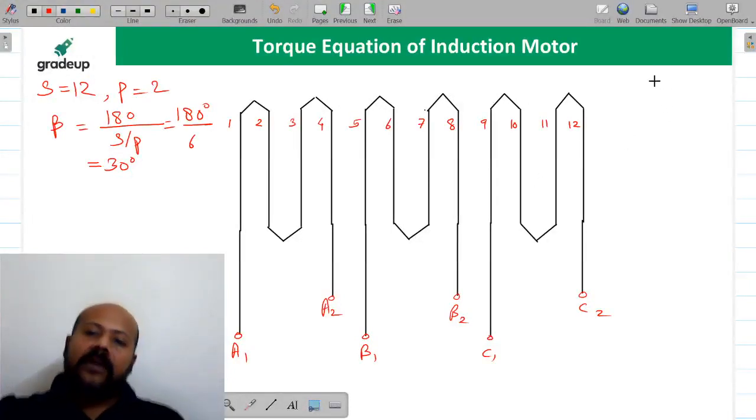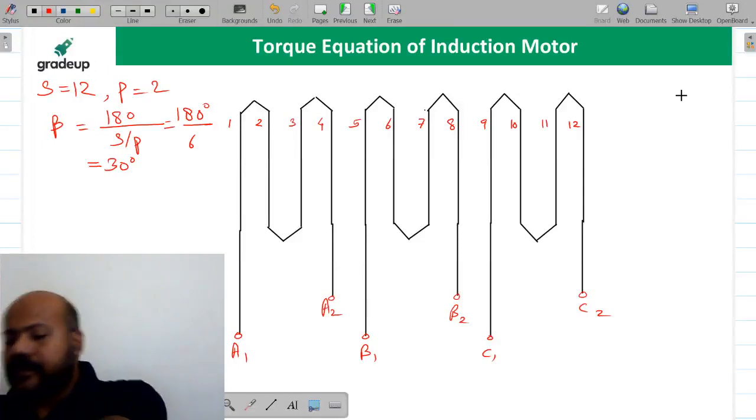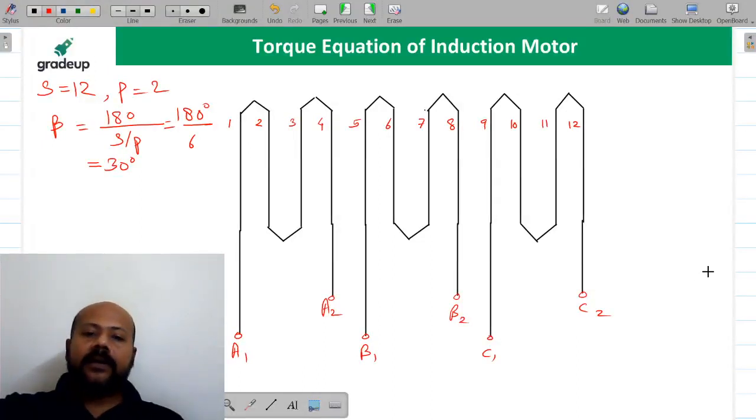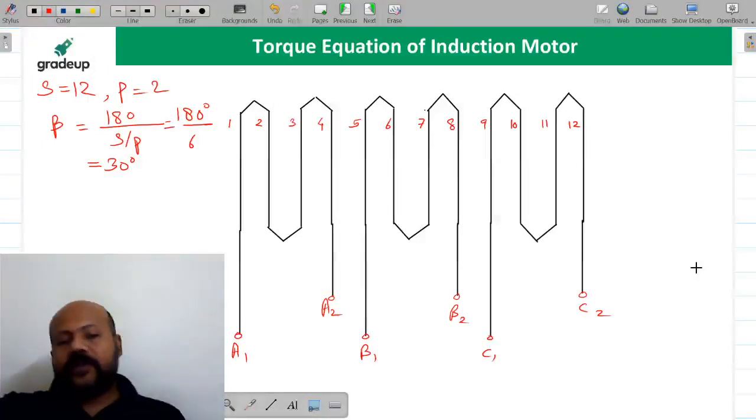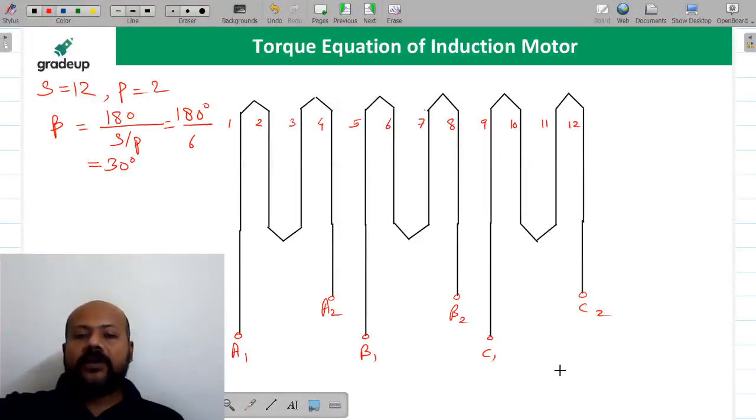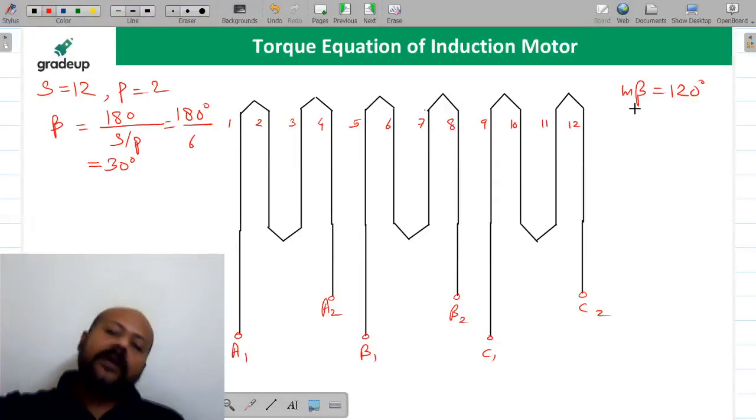Now when you have 120 degree phase spread, what is going to happen? Let us try to find the number of slots per pole per phase, because M beta is 120 degree. 120 degree is the phase spread, and beta you have just found.